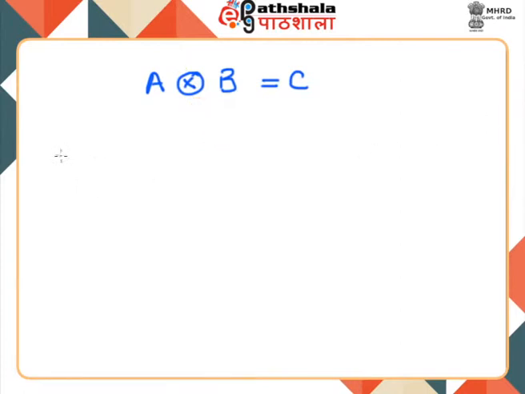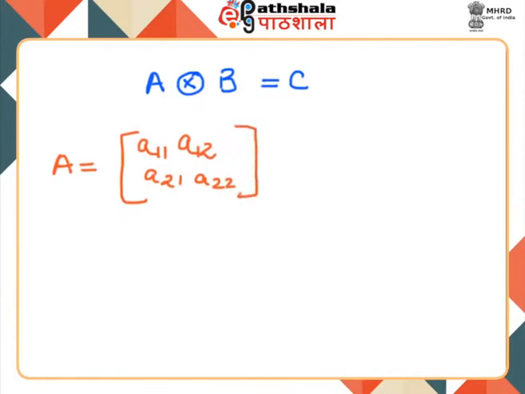Now let us try to understand this. Let us say the matrix A has two columns and two rows, and these are the elements. Similarly, let us say that the matrix B is represented by this, and these are the elements, that is B11, B12, B21 and B22.